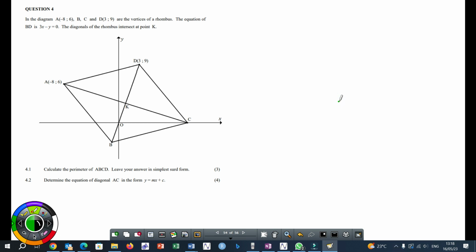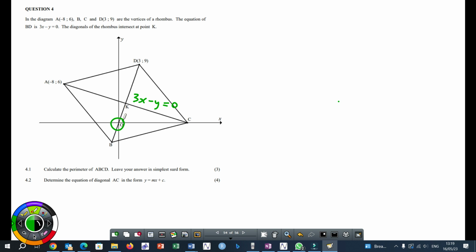Alright. According to the question, the equation for BD is 3x minus y equal to 0. The line is passing through the origin. That's why we have got a 0 on the right hand side of that equation. It says calculate the perimeter of ABCD.